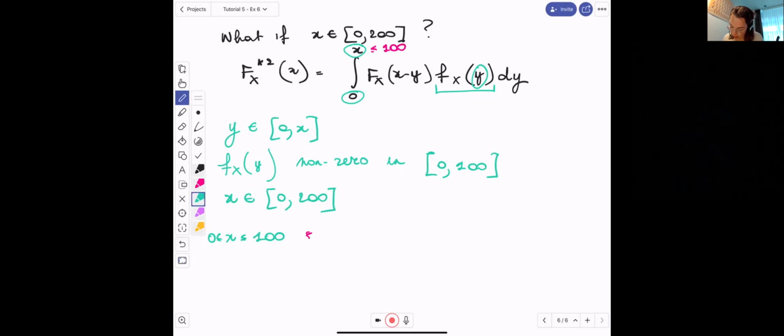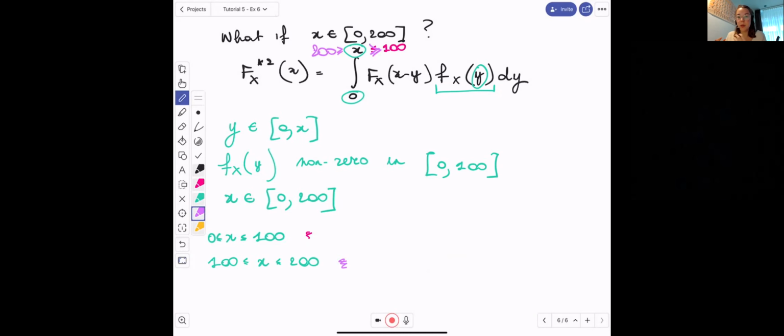But in the case that our x is between 100 and 200, which is also possible because we know it's between 0 and 200, but we don't know what value exactly, we see that if this is larger than 100, then our y, since it takes values between 0 and x, can take values that are larger than 100, and in that case the density function will take a 0 value.